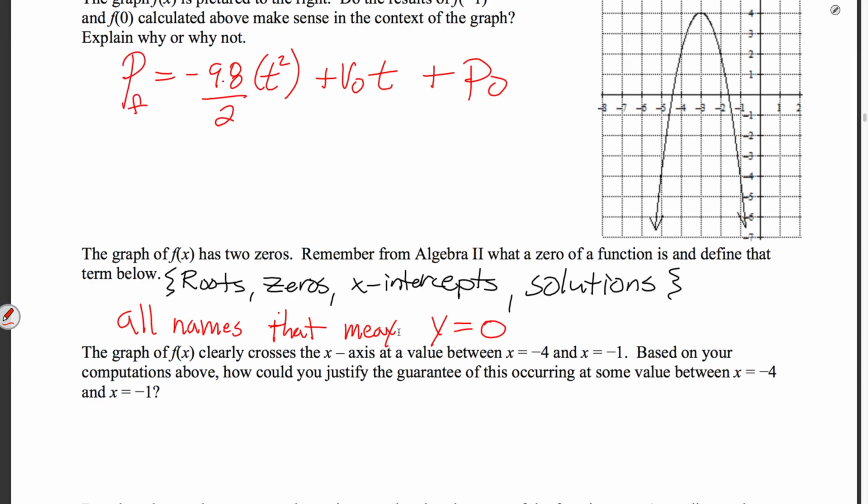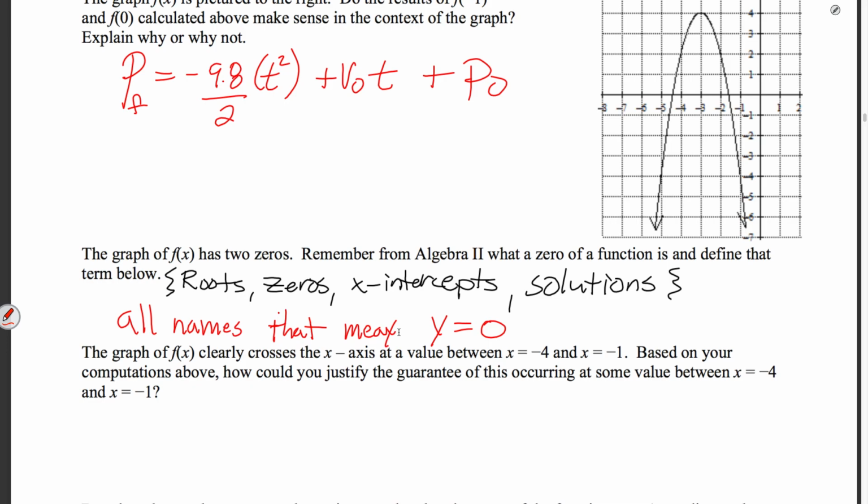Final position is equal to negative 1/2 a t squared, where a is your acceleration. In the case of Earth and balls going up and down, gravity is our accelerating force. So negative 9.8 divided by 2 times t squared, plus v naught, which represents our starting velocity, how fast the ball leaves my hand, and p naught is our starting height.